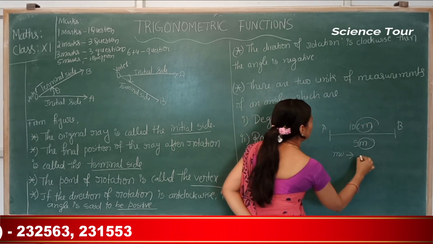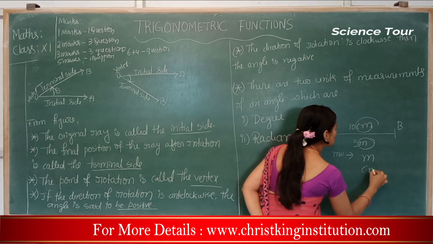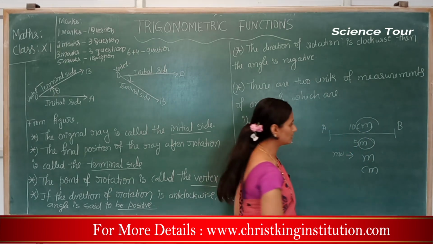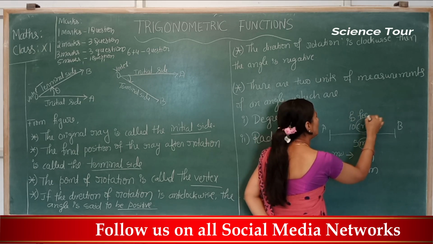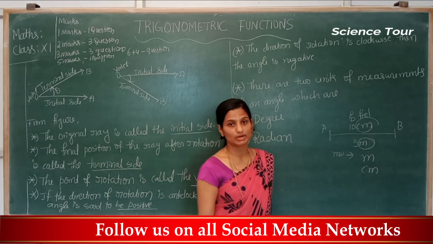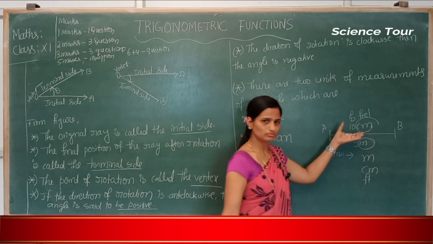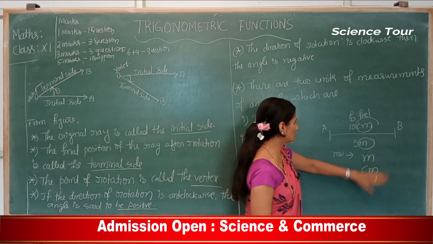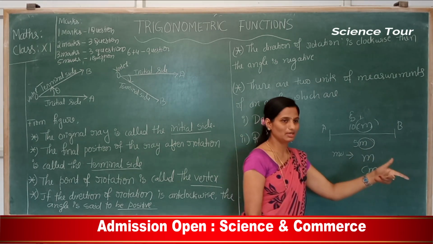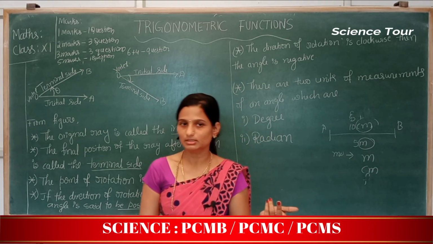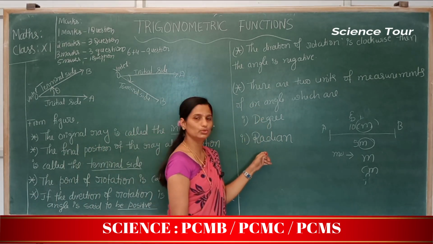Centimeter is also a unit, or sometimes we say it is 5 feet. So for distance or length there are 3 units: meter, centimeter, feet. Similarly, to measure the angle there are 2 units, understood?